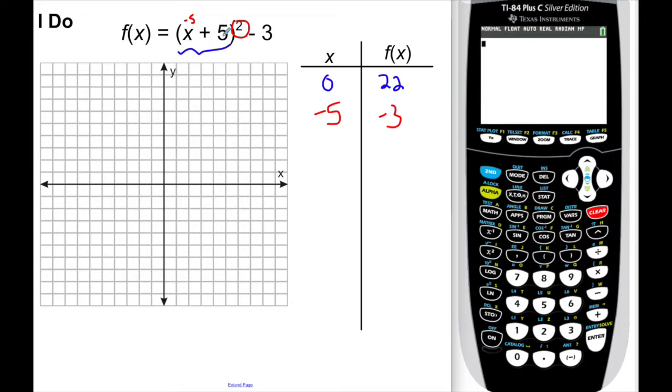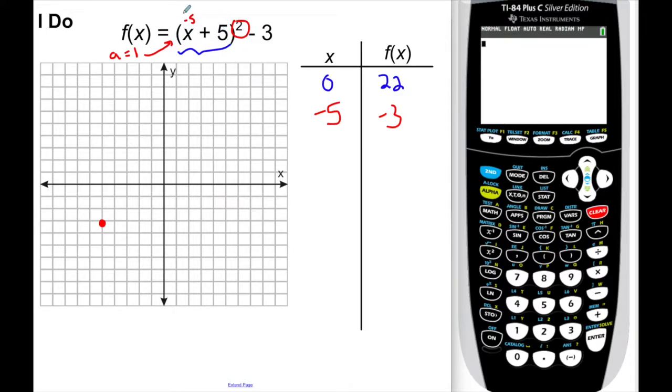So in any case, I want this to be -5, because this will give me the smallest possible number to add to -3, making it the minimum. And remember, because our a value is +1, I know it's positive, so this should point up. So now I have (-5, -3), and I'm going to go ahead and plot that. 1, 2, 3. Sorry if any of those explanations were confusing there. I'm just trying to get an understanding.